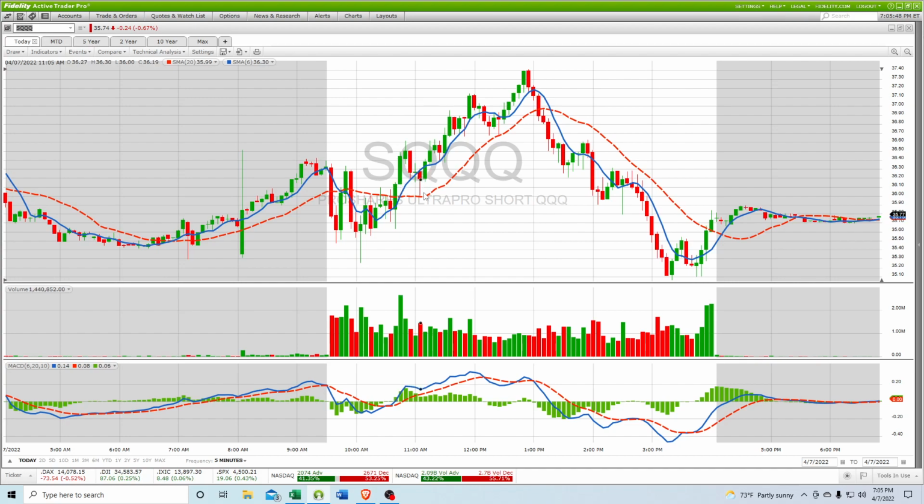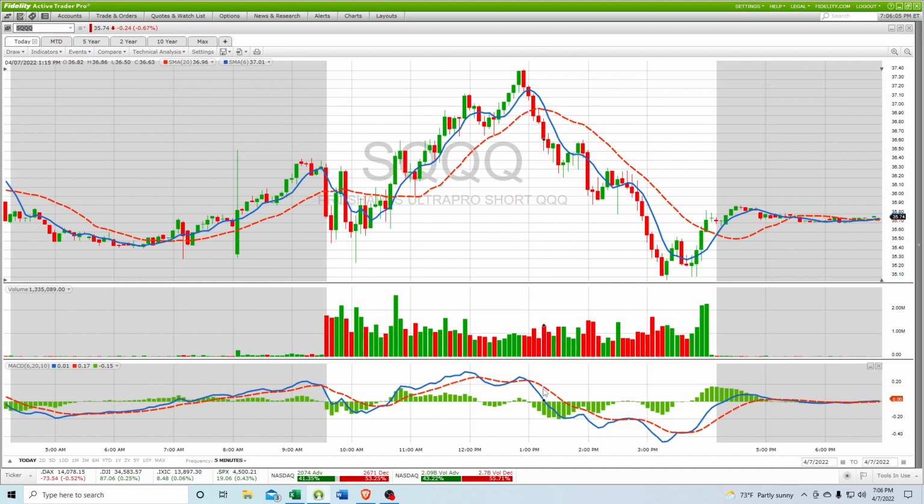So it went up, came right back down, but then went up, and then we got stopped out here. And I believe the stop out, without looking, I think it was 36.90. Yeah, it was 36.90. And we got stopped out here after the histogram again started going down.